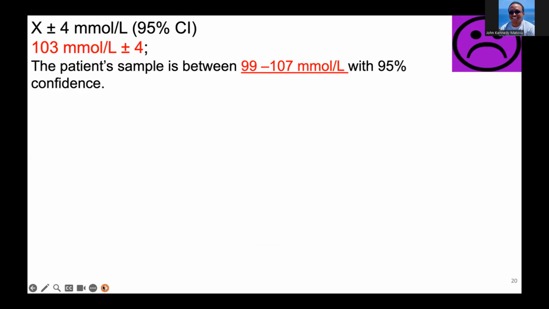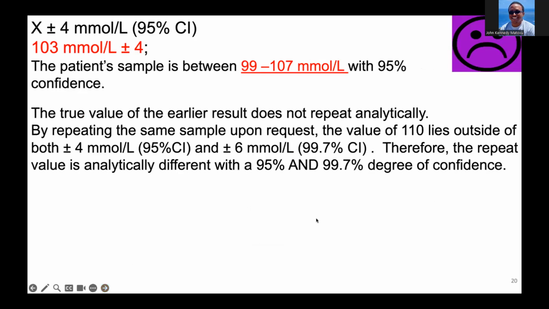We're going to be sad. Why? Because the value of 110 lies outside of our interval, our range now. So by repeating the same sample upon request, you have a value of 110, which lies outside of plus or minus 4 millimoles per liter.